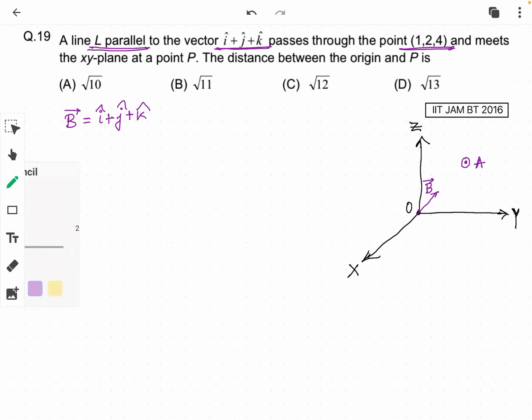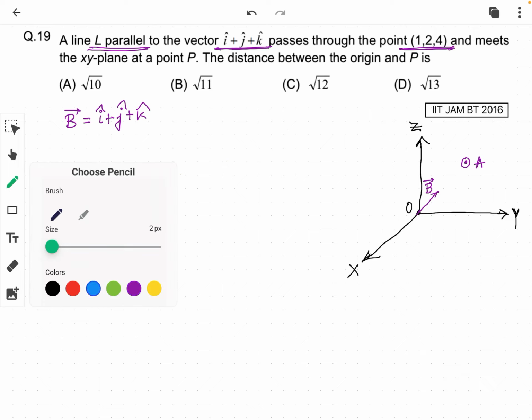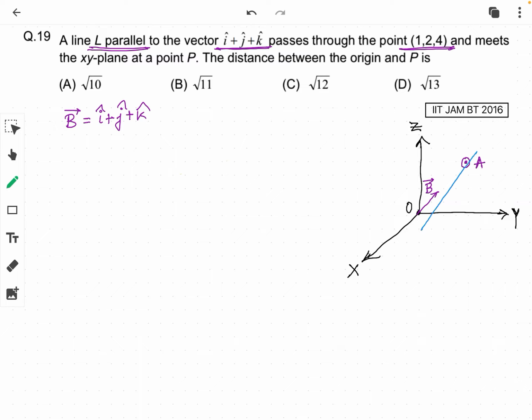So we can draw the line L as this, which is parallel to vector B, parallel to this B vector, and passing through this point A, that is 1, 2, 4, which is the coordinates of point A.